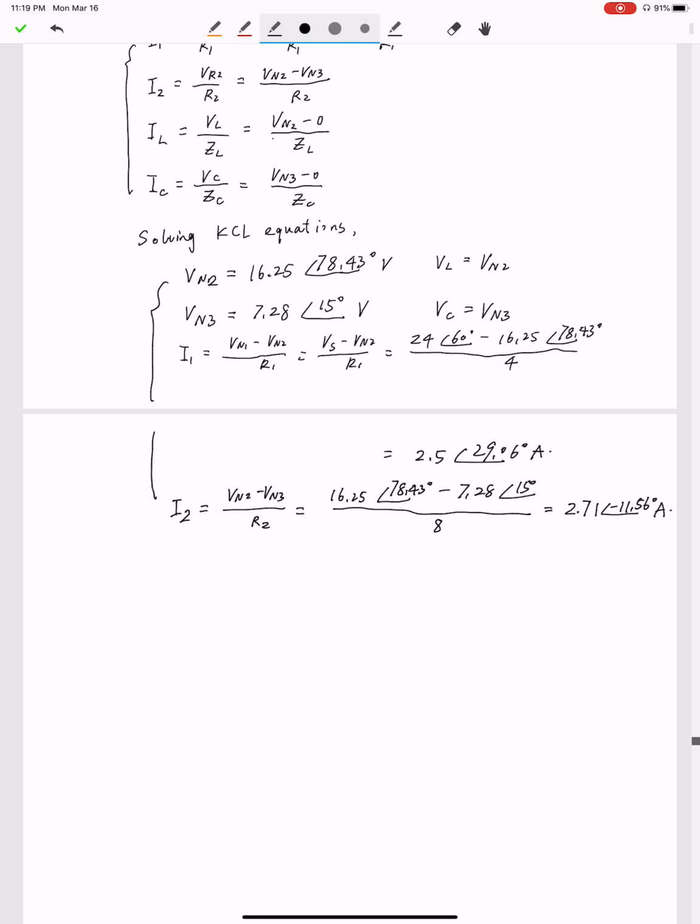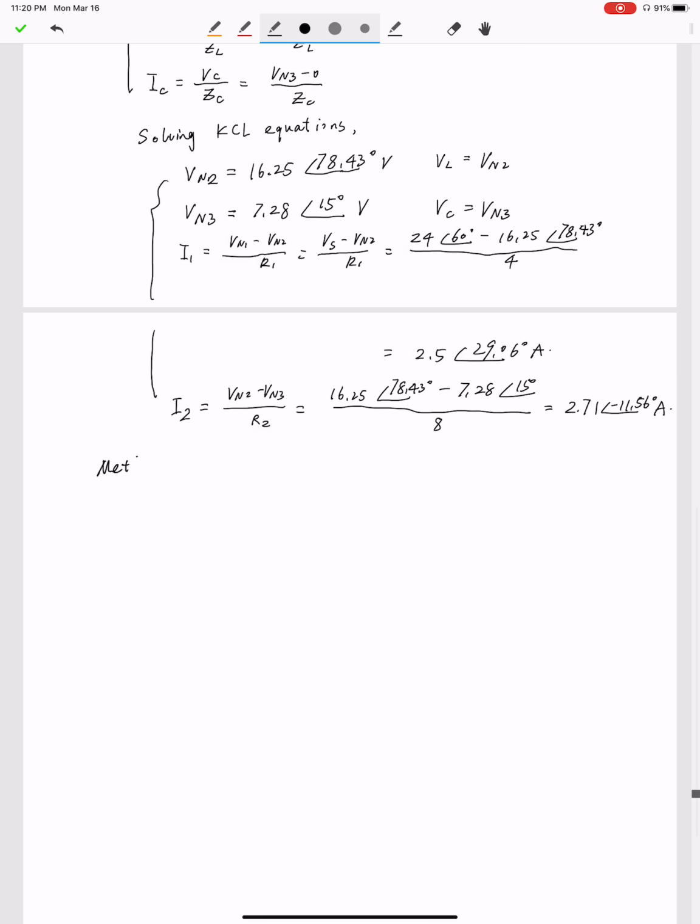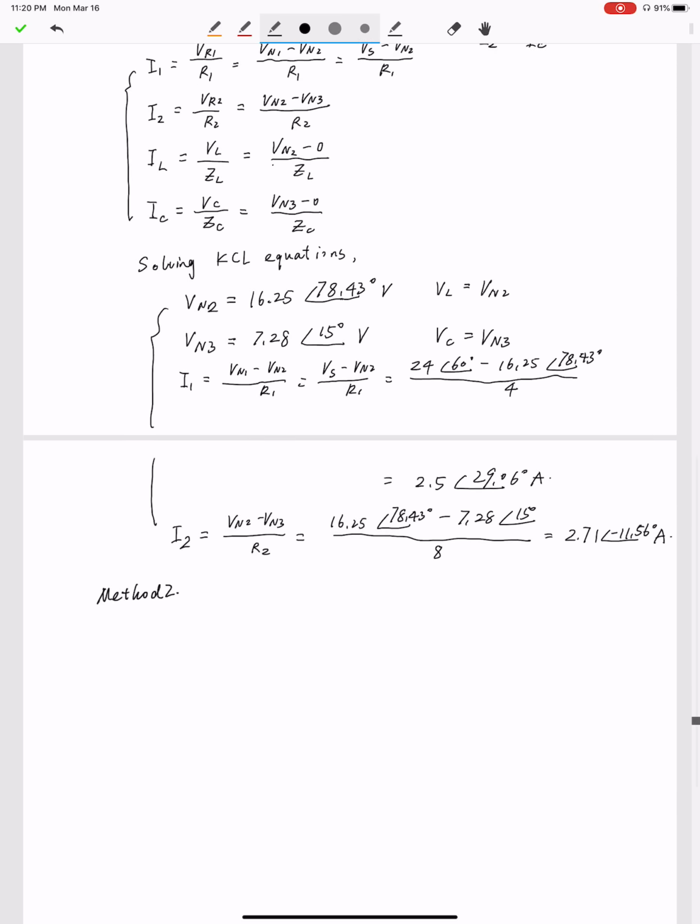Let's see another one. And this question can also be solved by directly solving this problem, right? Let me also show you the second method. Method number 2.